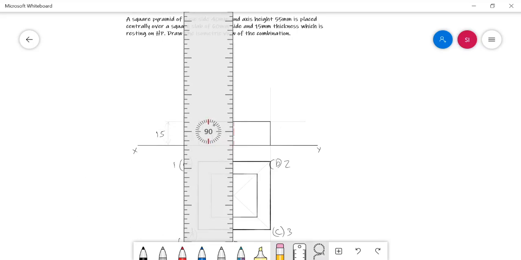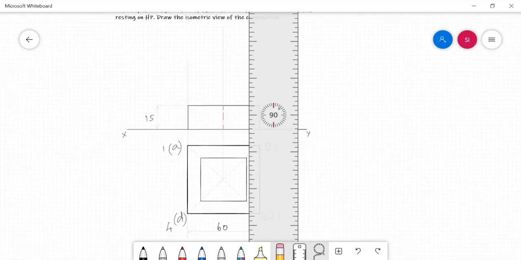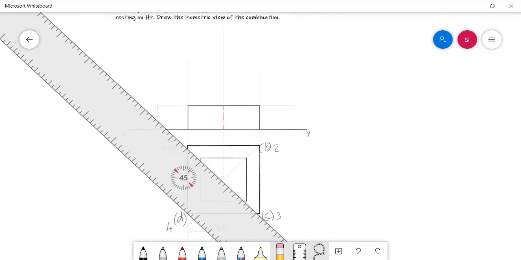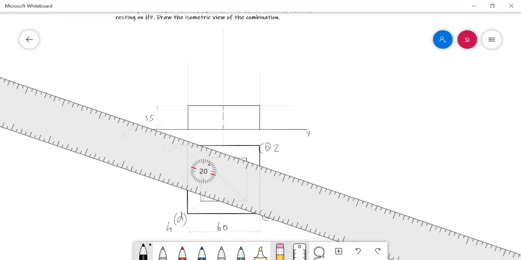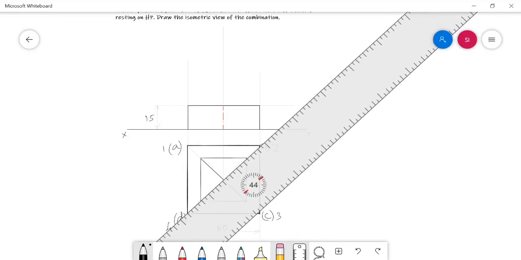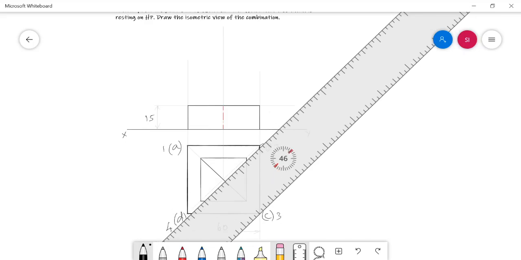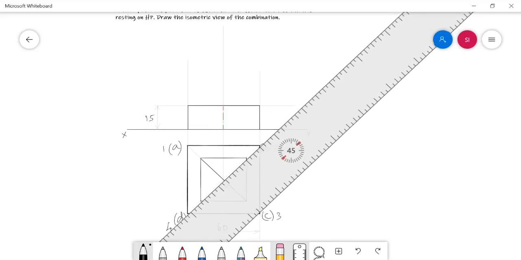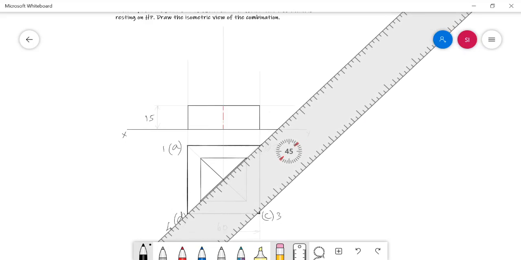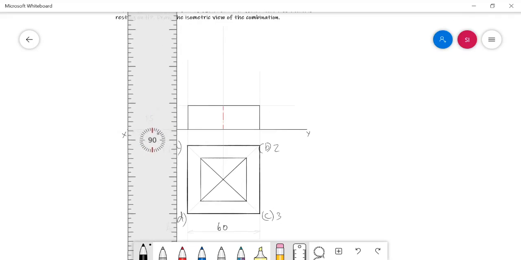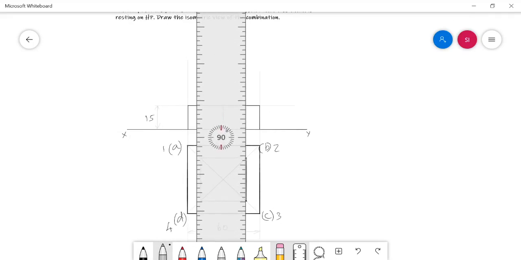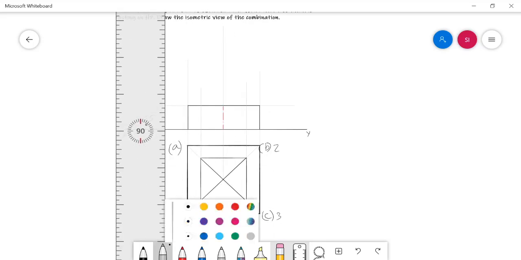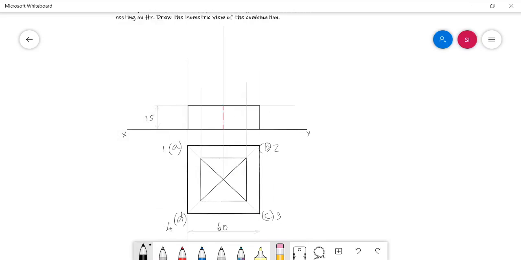It is a square pyramid, so it's going to have the slant edges. Let me mark the corners of the top solid.